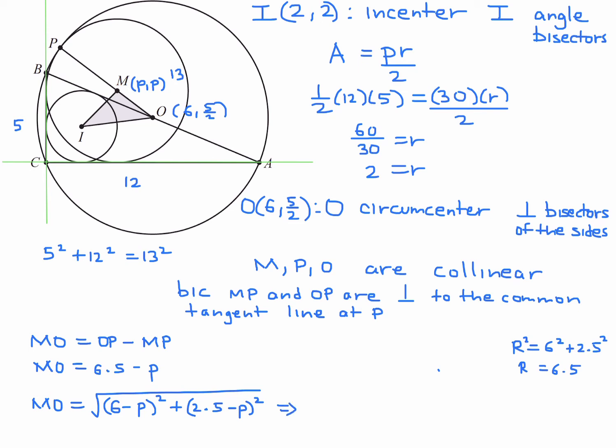You expand it all out, and then you collect like terms. What you're doing essentially is equating this MO with this MO. So that would mean 6.5 minus P is equal to this big long square root of (6 minus P) squared plus (2.5 minus P) squared.